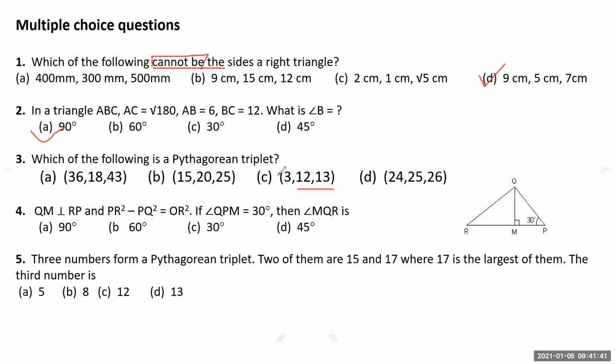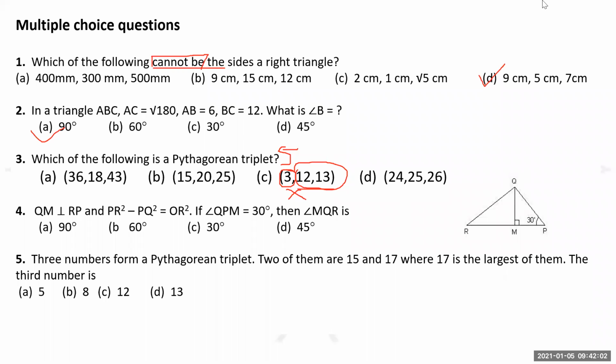So when you come across the numbers 12, 13, it should have 5 in its pair. Understand? 3 is not possible. Second. Yes, beta, yes, you can.